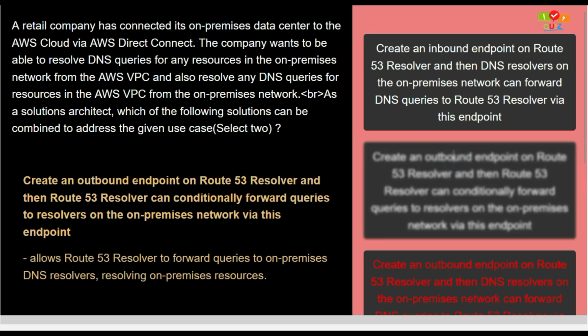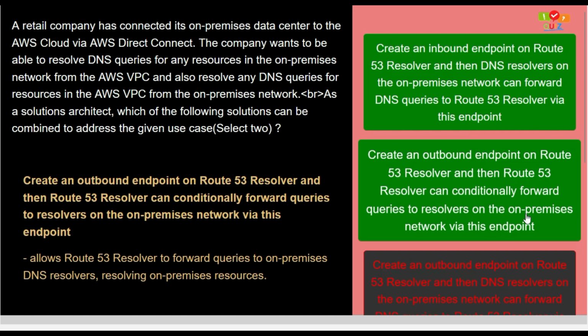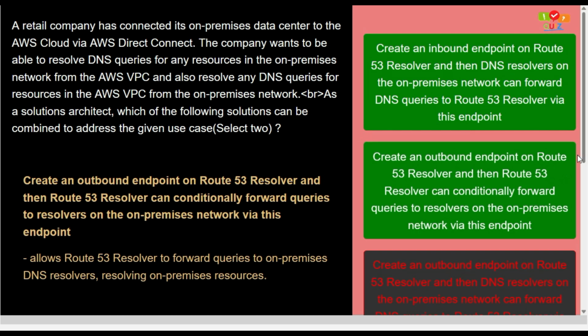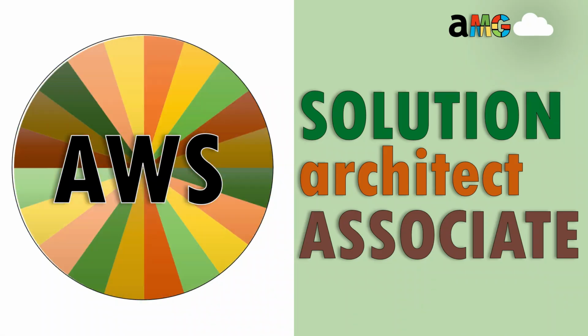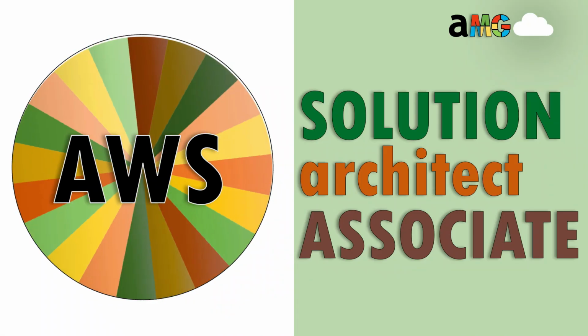And create an outbound endpoint on Route 53 resolver, and then Route 53 resolver can conditionally forward queries to resolvers on the on-premises network via this endpoint. So this allows Route 53 resolver to forward queries to on-premises DNS resolvers, resolving on-premises resources. Okay, so at the end, your option 1 and option 2 are the correct answers, and option 3, 4, 5 are the wrong answers.